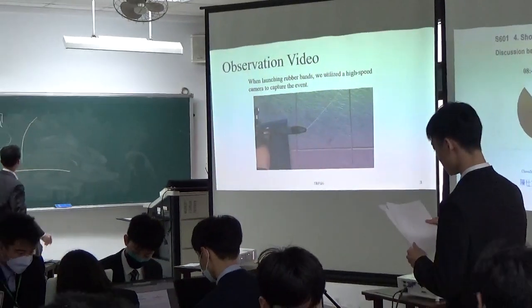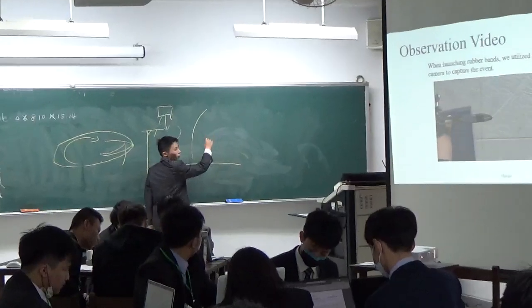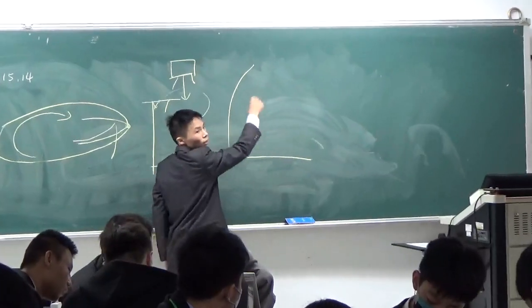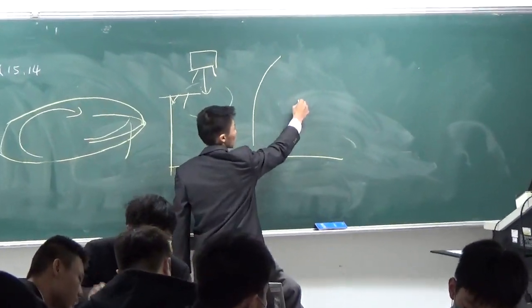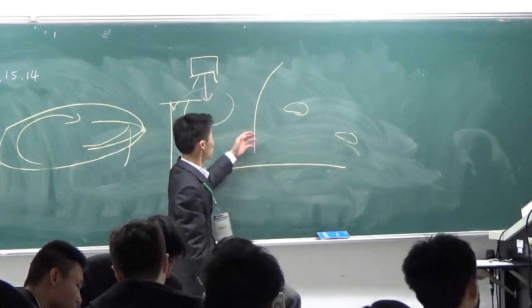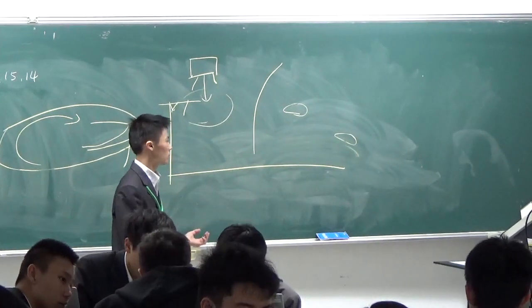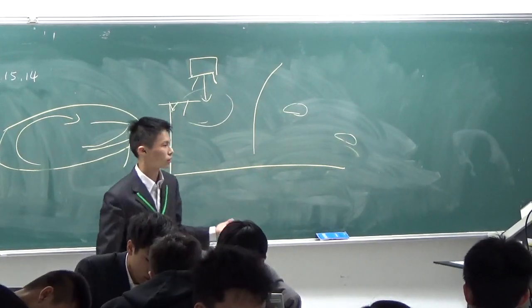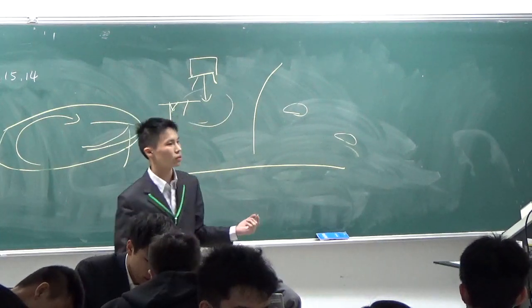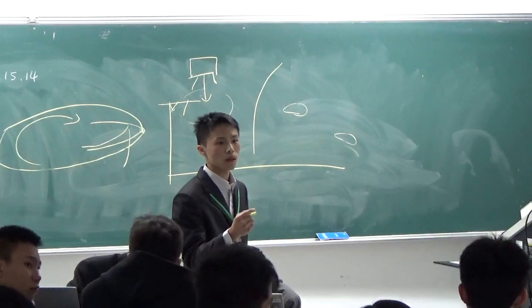Since after I shoot it, the rubber band will just spin somehow in this place or this place, so I can just calculate the inertia. Based on what? You mean the movement or the spinning?